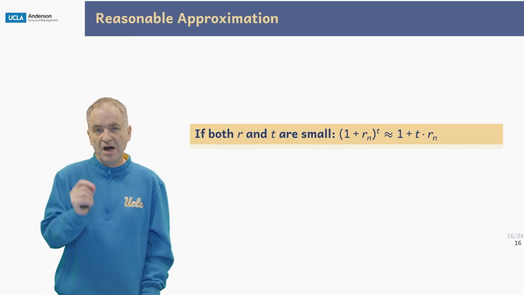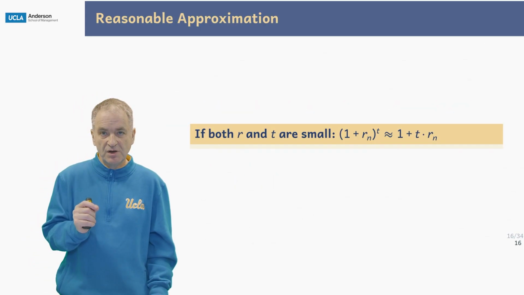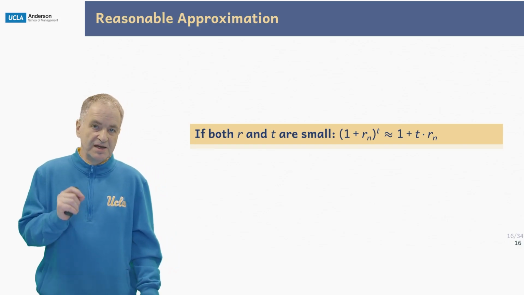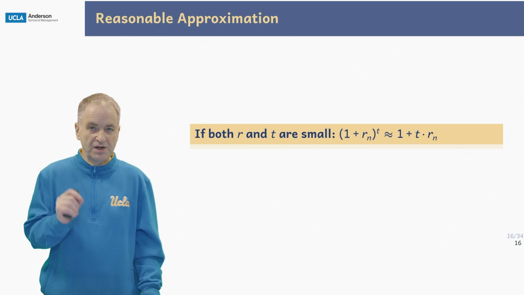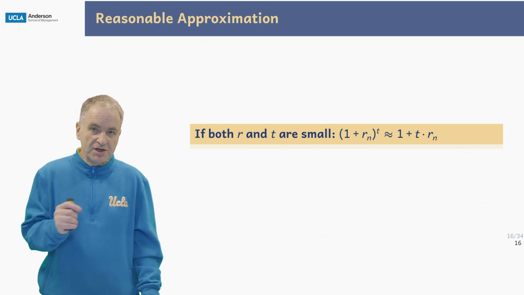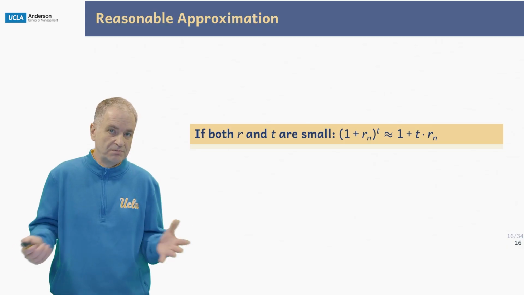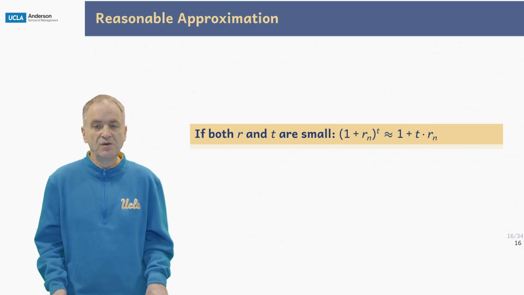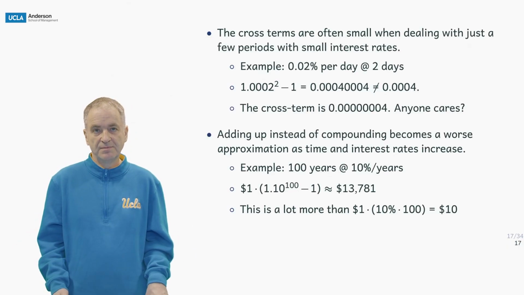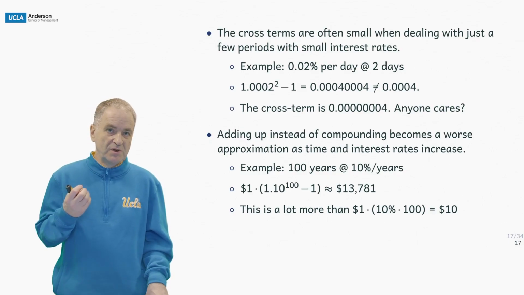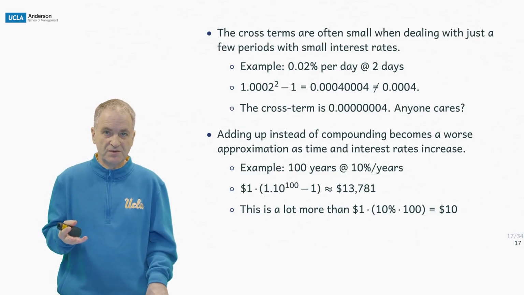If both R and T are small, then the approximation will be okay. That is, instead of doing the formal compounding to the power of T, you can just take T times the interest rate, add it to 1, or then subtract 1 again, and you'll get a very similar number. The cross terms are small when dealing with few periods, small interest rates.